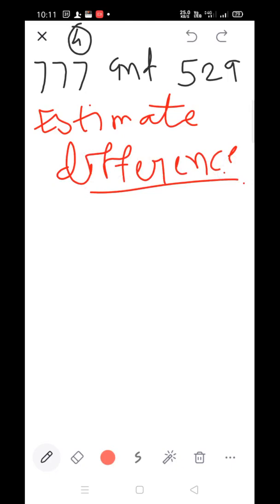So subtract the round off numbers: 780 minus 530.